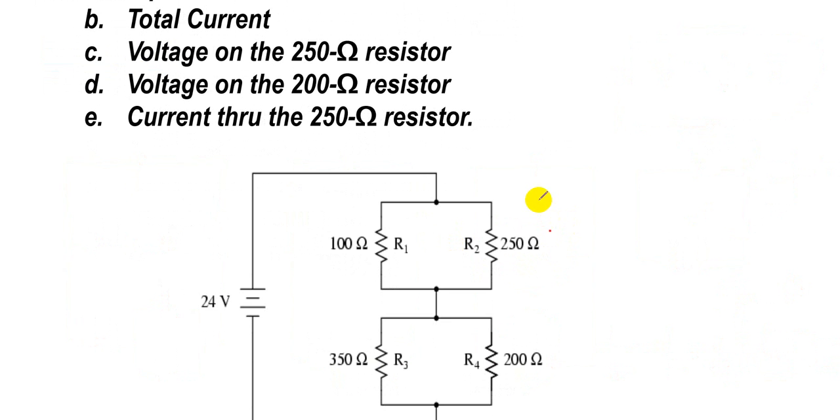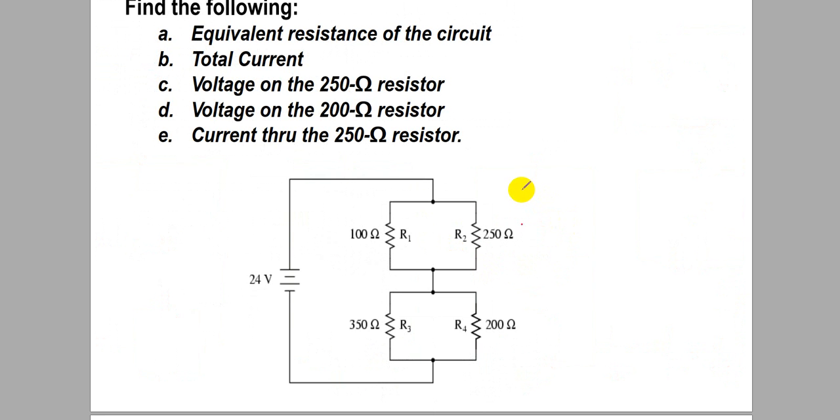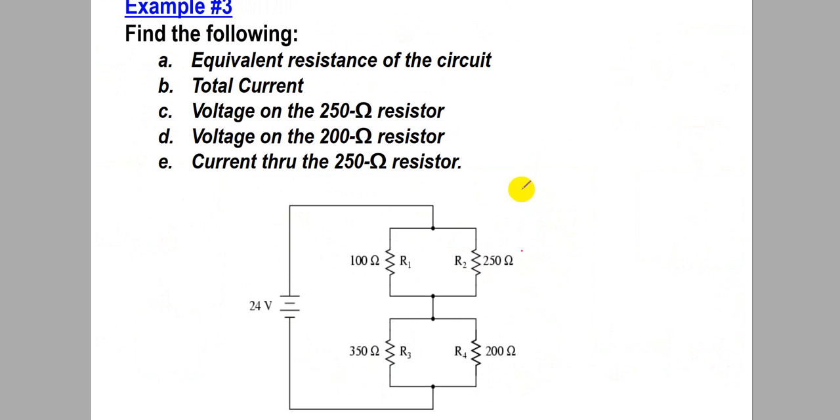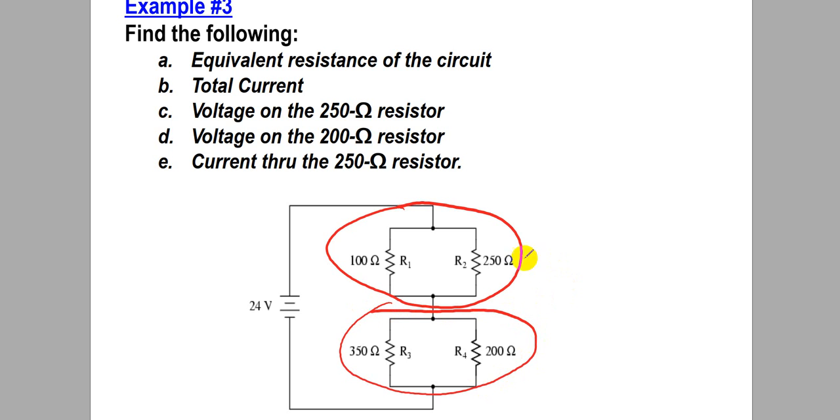If you see a problem with multiple resistors that are in parallel, the best way to do it is to reduce them, turn them into series, so we can solve it easier. Okay, so R1 is parallel with R2.